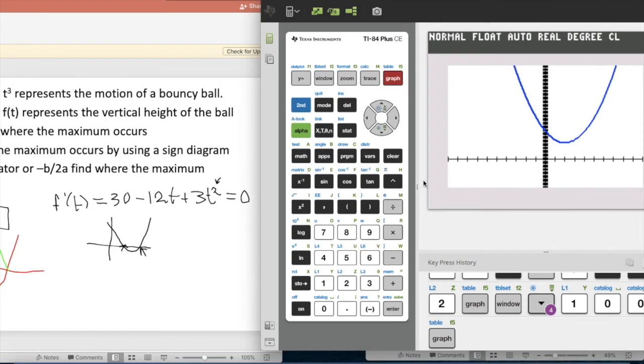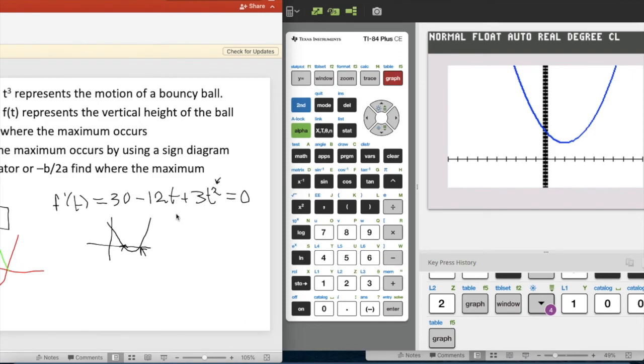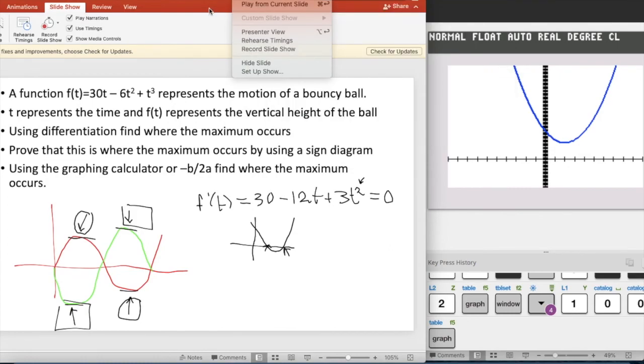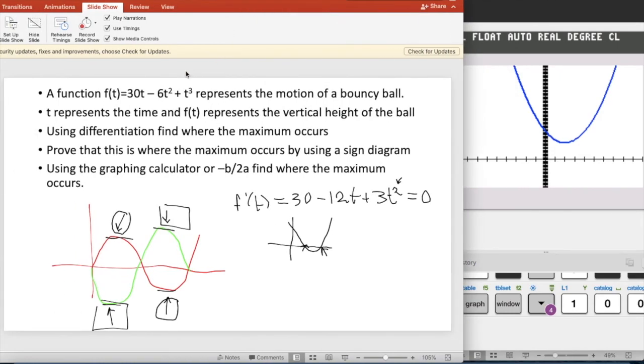So what we would say is that at 0.268, I believe there is a maximum because the gradient of the tangent at 0 is positive, and the gradient of the tangent at 0.268 is equal to 0, and the gradient is negative at 0.5.